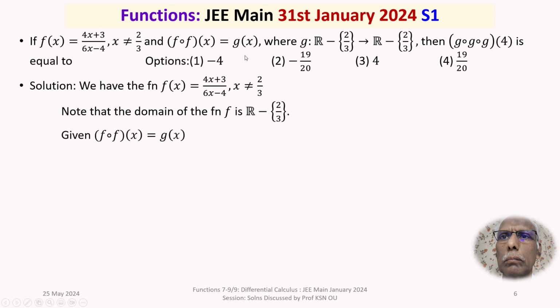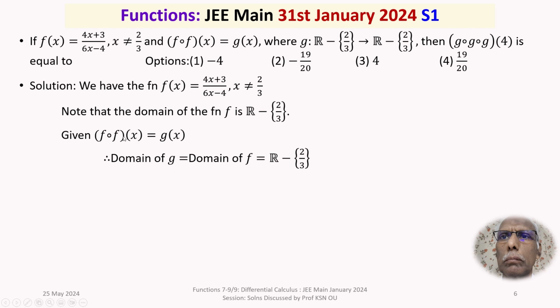Agreed. We are given another function g of x as f compose f of x is equal to g of x. Now obviously the domain of g of x is equal to the domain of f.